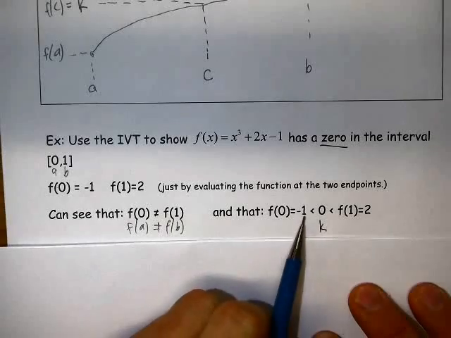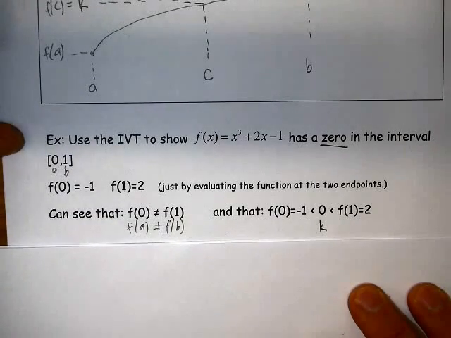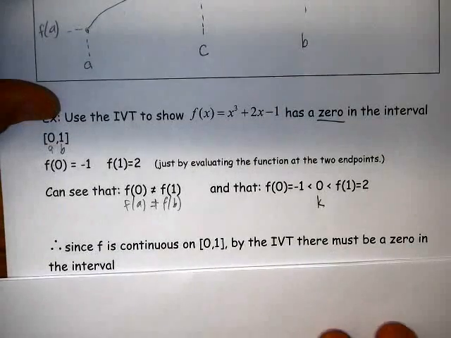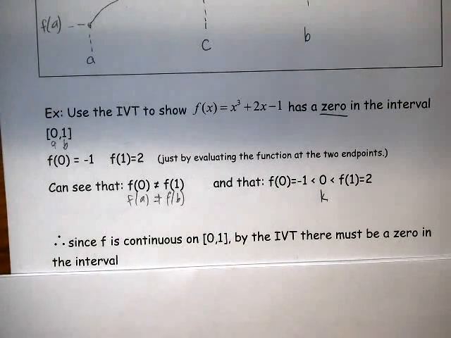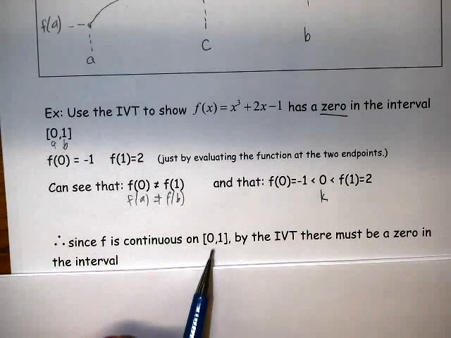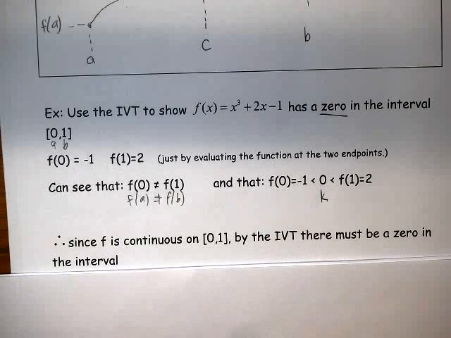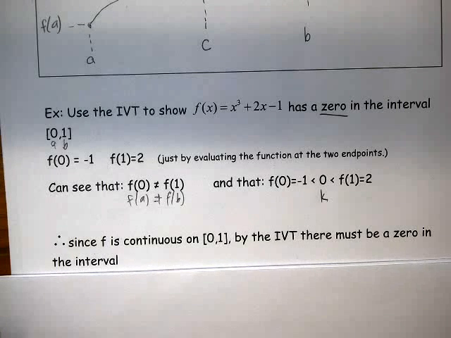The k value is between -1 and 2. So we've met all three conditions for the IVT, and therefore we can apply the IVT, and what it tells us is, since f is continuous on the closed interval from 0 to 1 and the other conditions are met, there must be a 0 on the interval. In other words, there must be a place where that function value equals 0 between x equals 0 and x equals 1.